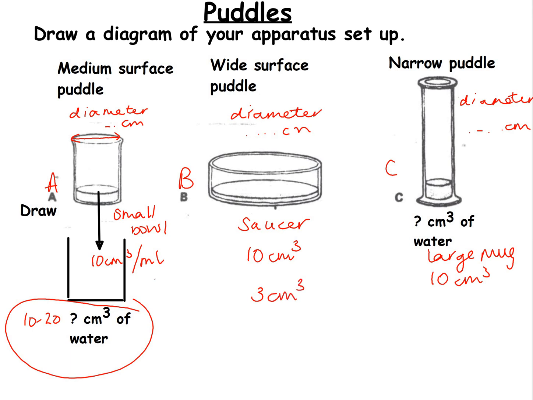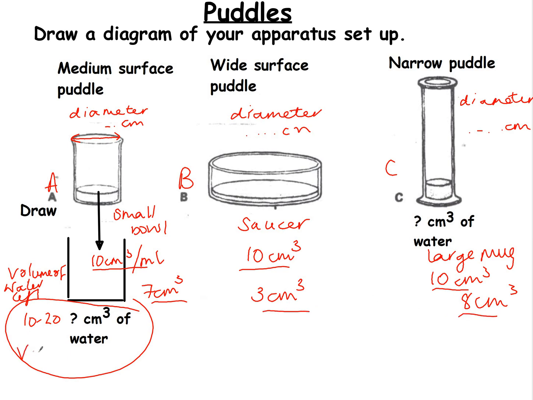There might be 7 cubic centimetres left in this one, and there might be 8 cubic centimetres left in this one. So this tells us how much water was left. So that's the volume at the start. That's the volume of the water left.